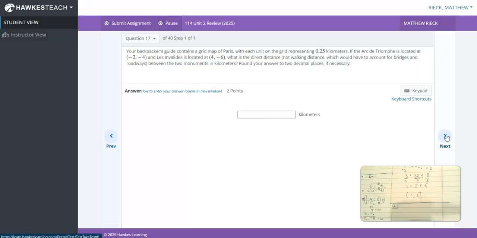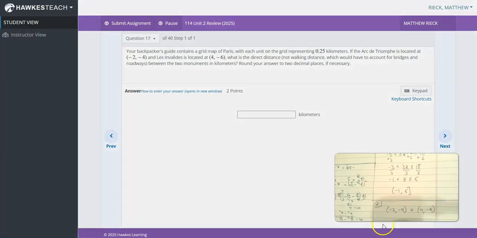What is the direct distance, so not walking distance, which you would have to account for bridges and roadways, between the monuments in kilometers? Okay. So we have -2, -4, and 4, -6.